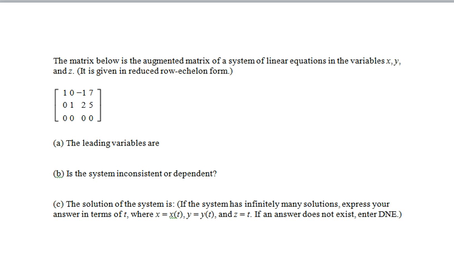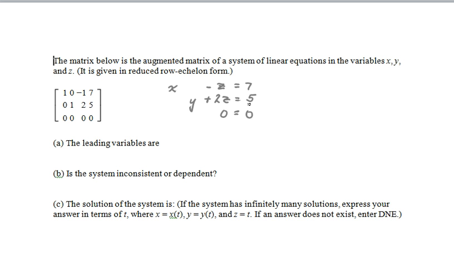And so the system of equations would be 1x plus 0y minus 1z equals 7, 0x plus 1y plus 2z equals 5, and 0 equals 0.